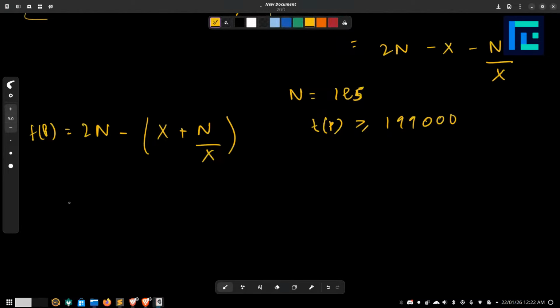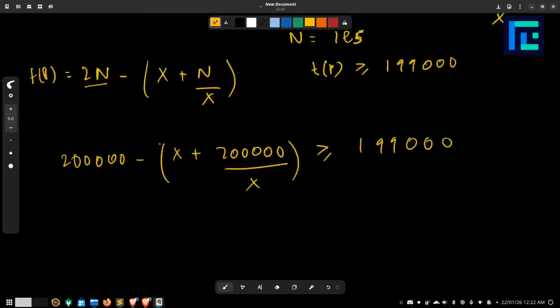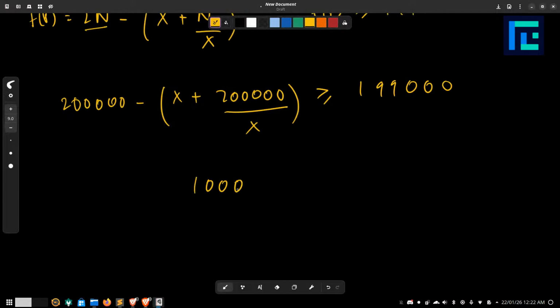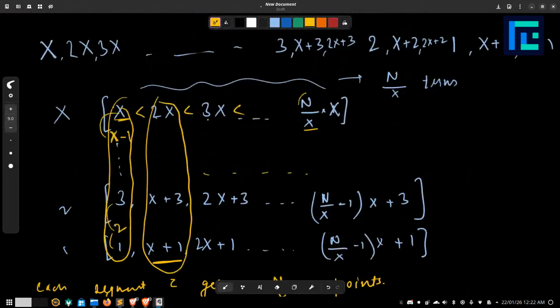So this will become 2e5, actually let me write 200000 minus x plus 200000 upon x should be greater than or equal to 199000. So 1000 should be greater than or equal to x plus 200000 upon x. And also another condition is that x should be a divisor of n.